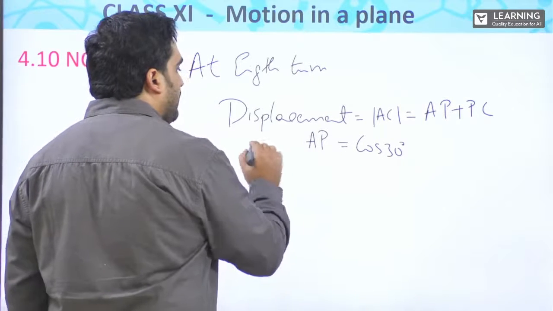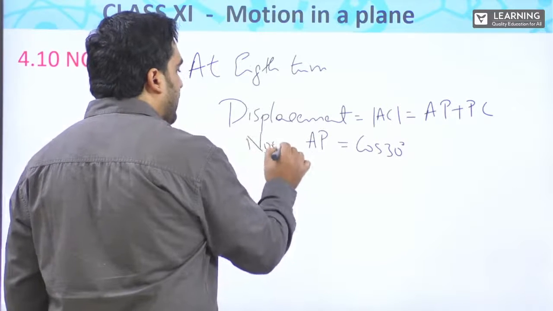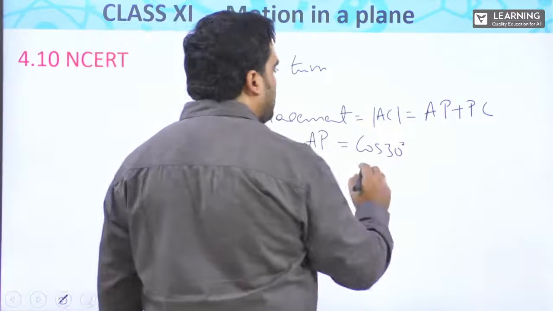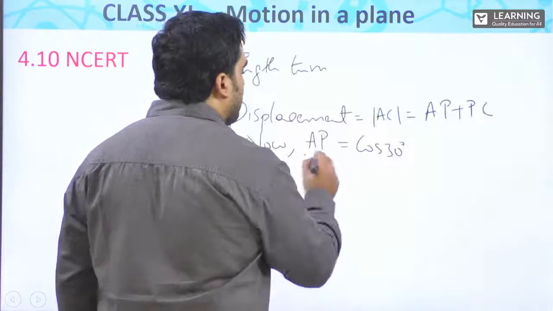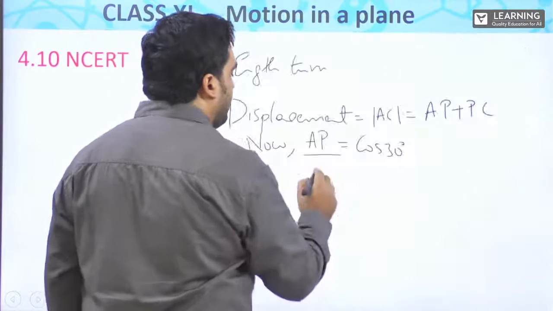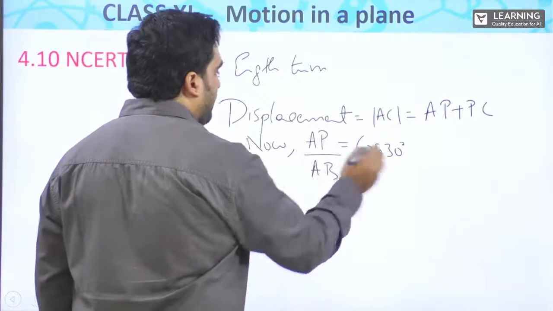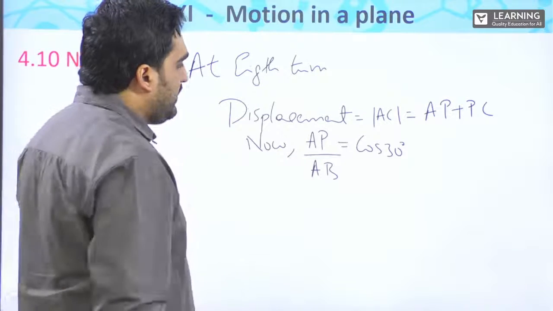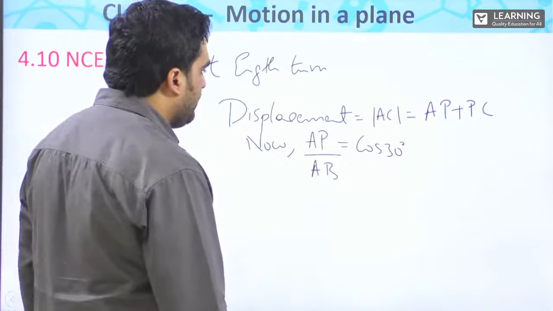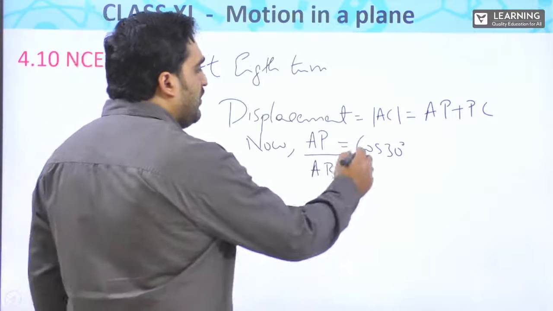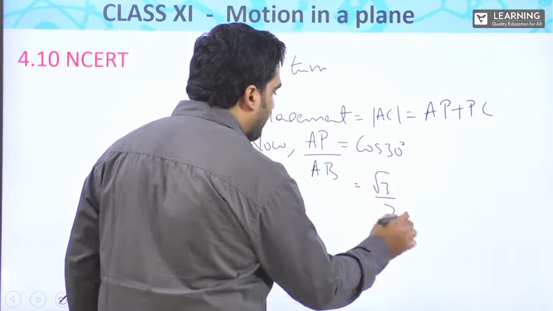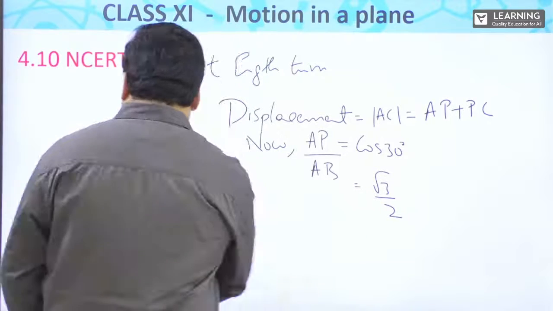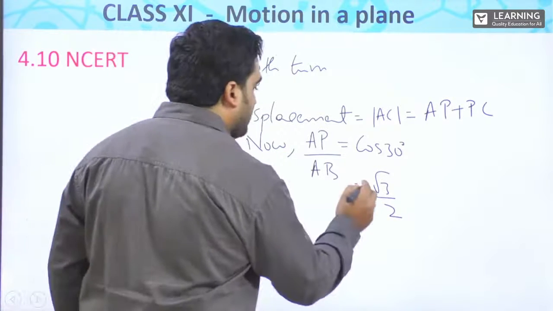Okay, now AP by AB gives you cos 30 degree. All right, so that is the ratio. Cos 30 is root 3 by 2. One second, I don't have the space to write here.